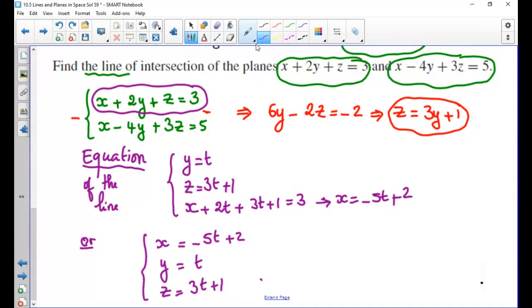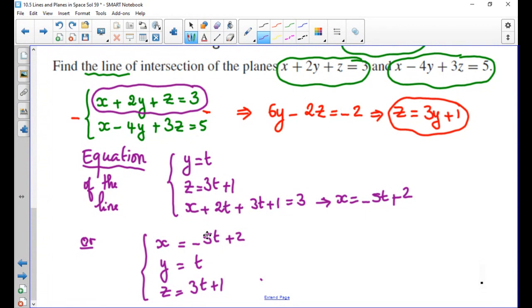So suppose I want to find one point on this line. How can I do it? Let's say I ask you, give me a point on this line. Here is a line, and here is its equation. Take t equal to anything. t equals 0, 1, 2. Every t will give you a point.